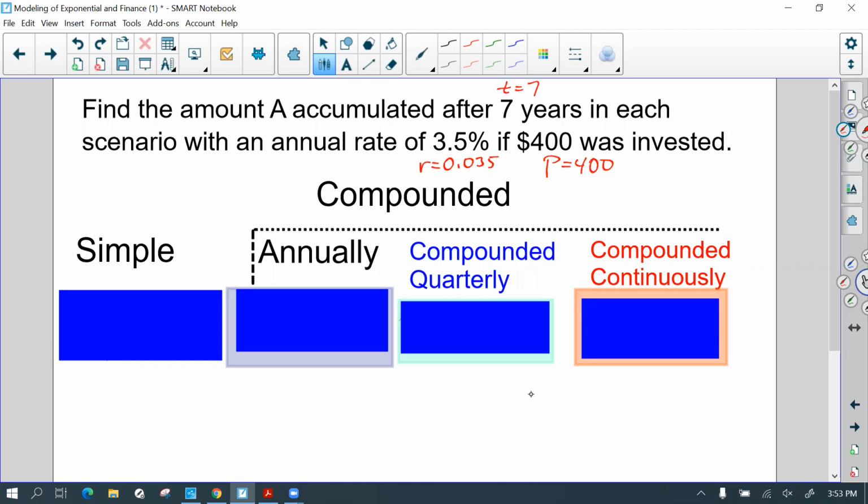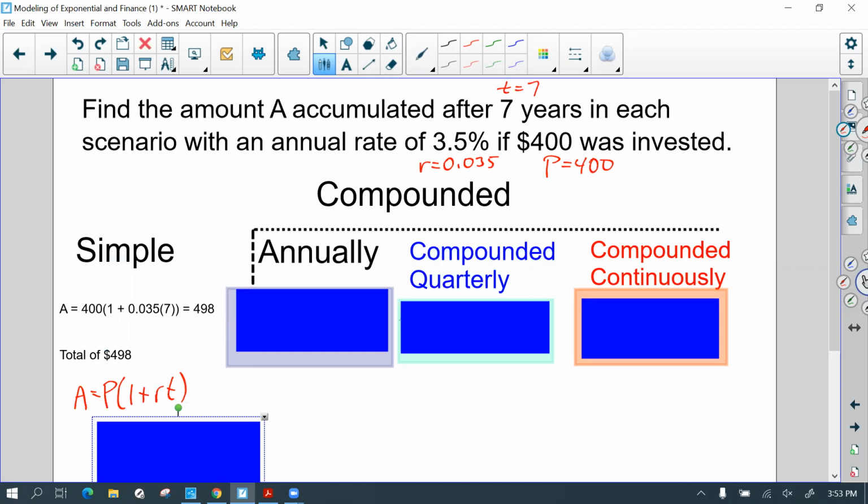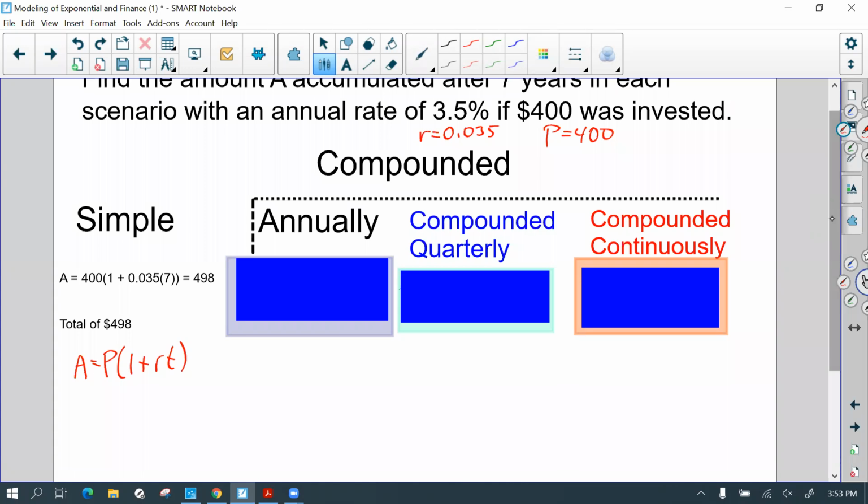So for the simple interest, remember the simple interest is the initial investment times this. So you put this in your calculator, $400 for the original investment, 1 plus the rate times 7, and you get 498.